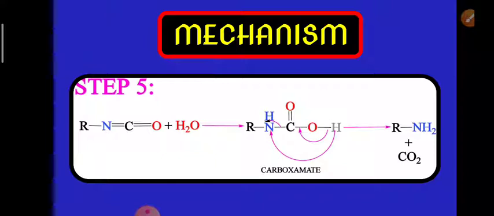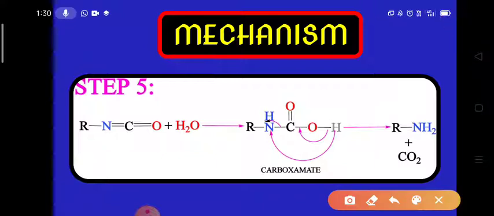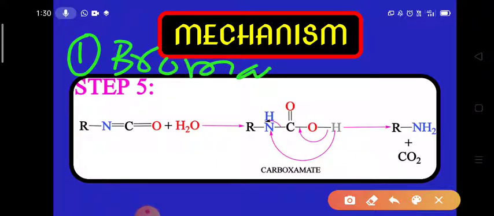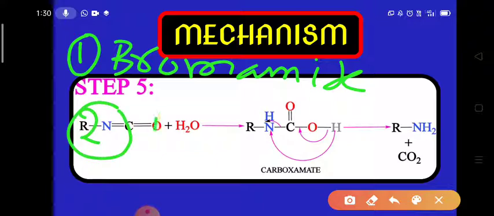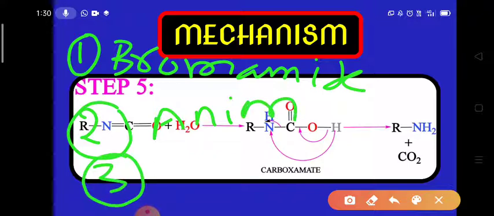Let us try to recollect what happened in all these 5 steps. In the first step, bromamide is formed. In the second step, the anion will be formed. In the third step, nitrene is formed.